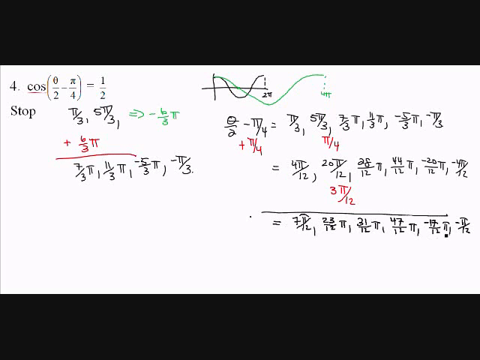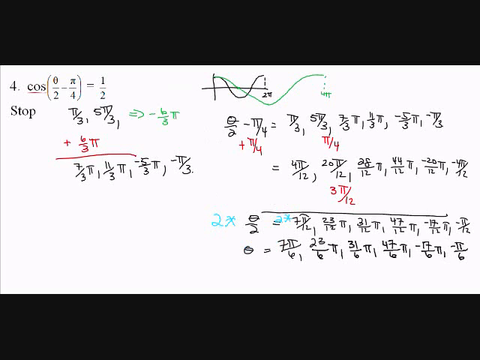So I got rid of the pi over 4, and I now have theta over 2. So I'm now going to multiply everything by 2. All these 12s are just going to turn into 6s there. I'm just going to do that off camera.